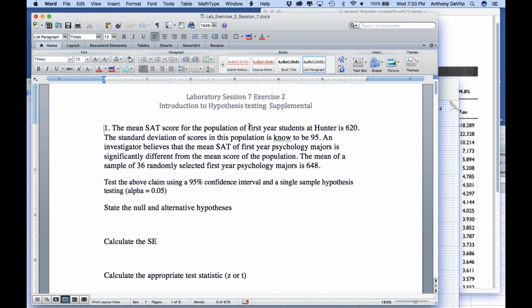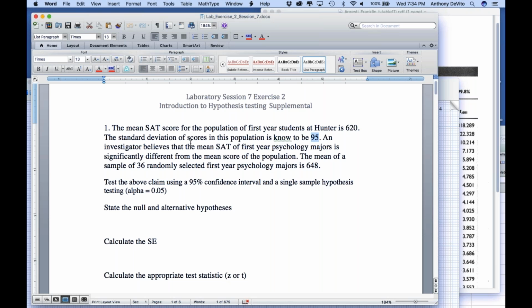The mean SAT scores for a population of first-year Hunter students is 620. So that's for the entire first-year class of students. The mean SAT score on entry is 620. The standard deviation of scores in this population is known to be 95. We know both the mean and the standard deviation for the population.